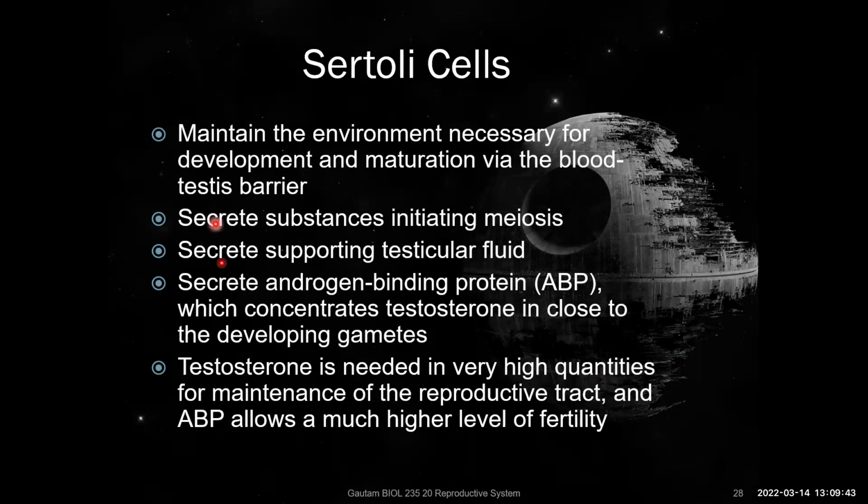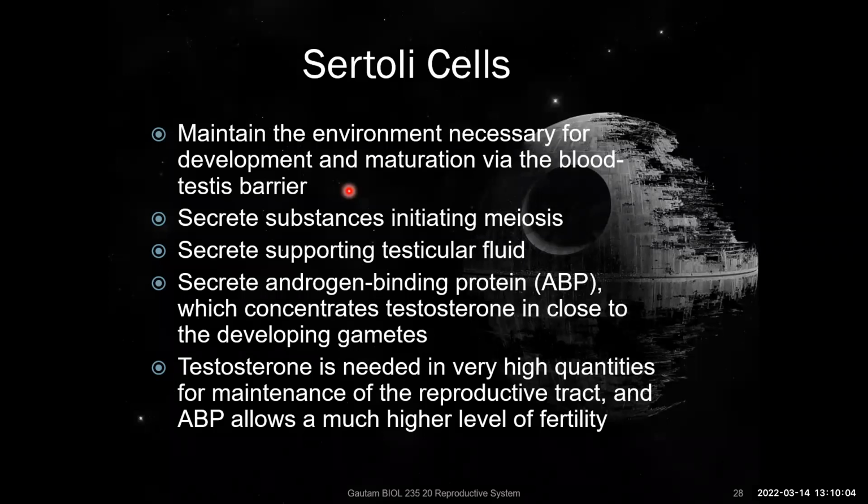So what do Sertoli cells do? They help maintain the environment that's necessary for the development and maturation of something called the blood-testes barrier. What that means is that components from blood don't easily travel into the seminiferous tubule.